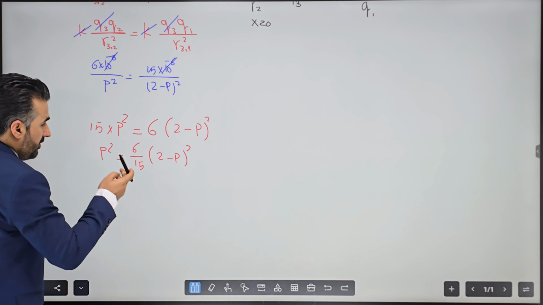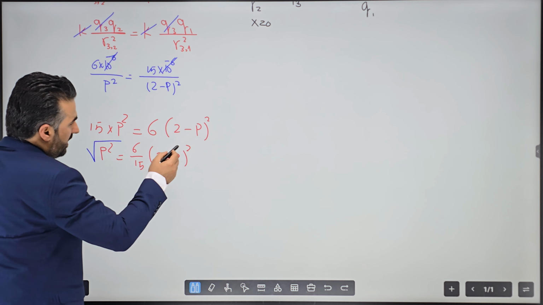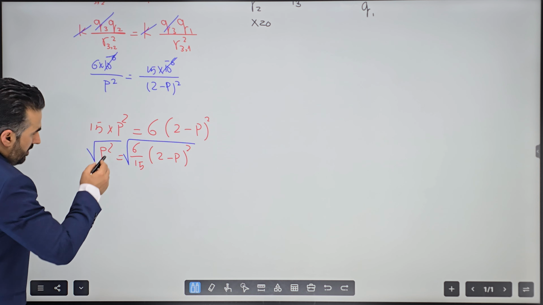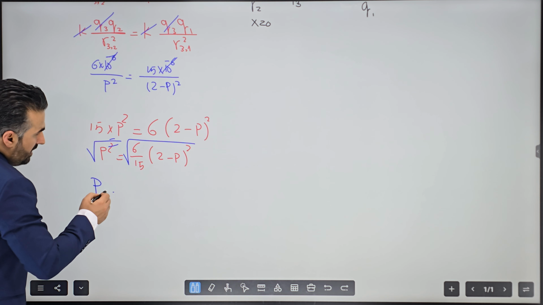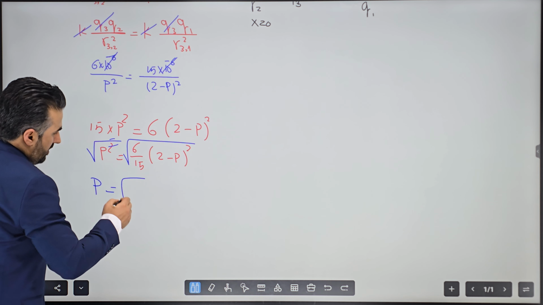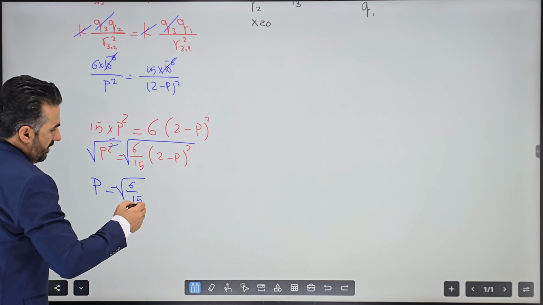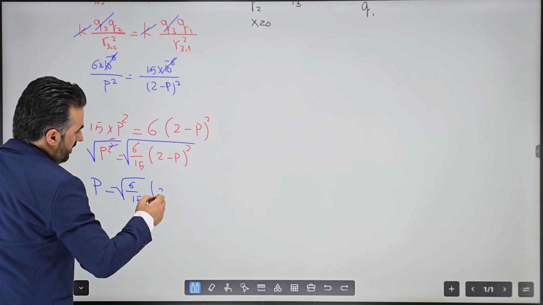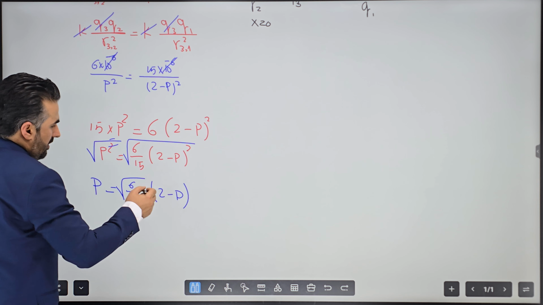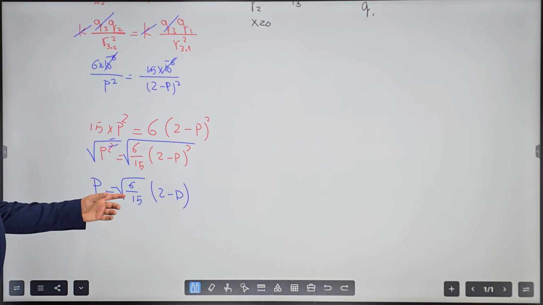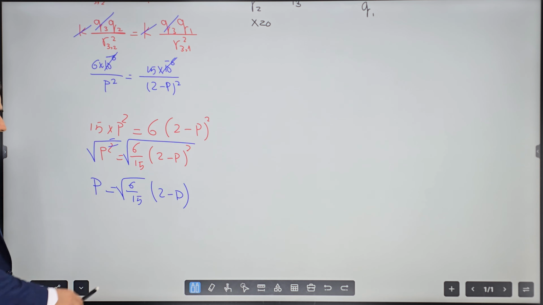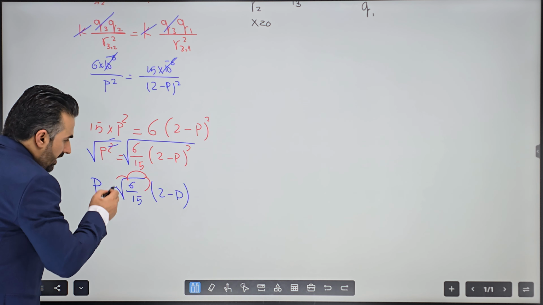Try to take the square root of both sides because we want to find P here. Once you do this, P equals the radical of 6 divided by 15, times 2 minus P, which came out of the radical here. So now I want you to use a calculator, all right?